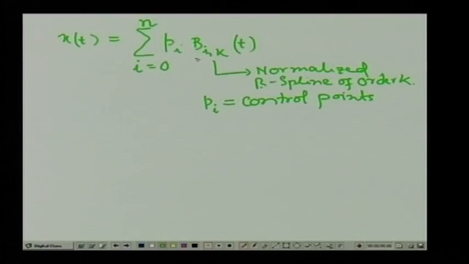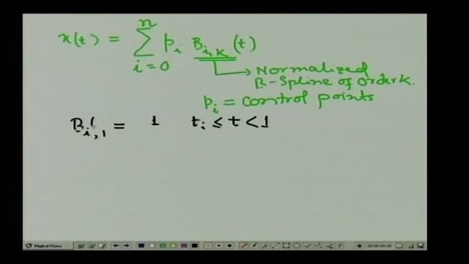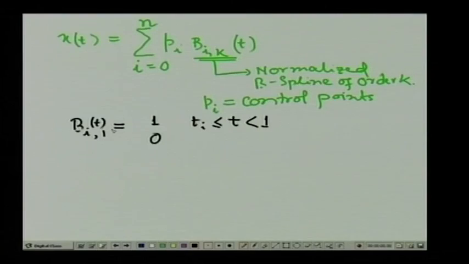Now, this normalized B-spline, that is b_i,k, can be recursively defined as b_i,1(t) equal to 1 whenever t_i is less than or equal to t, which is less than t_i+1. And b_i,1(t) is equal to 0 whenever t takes other values.